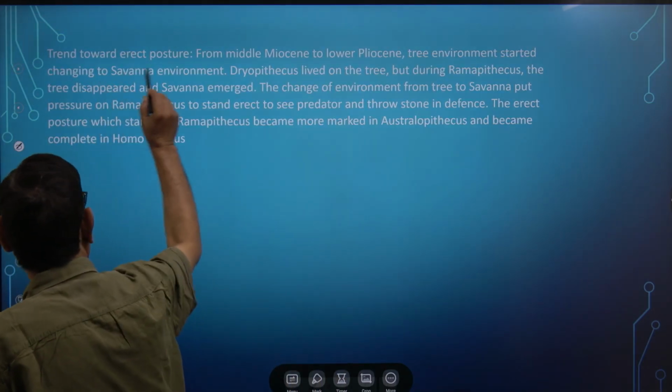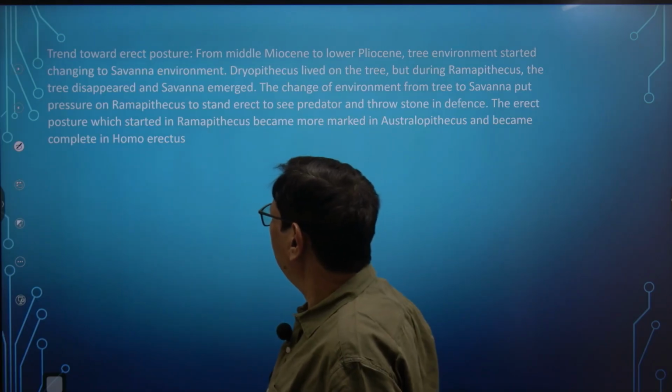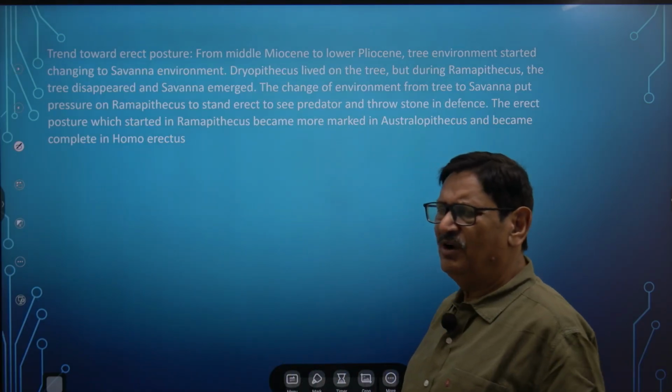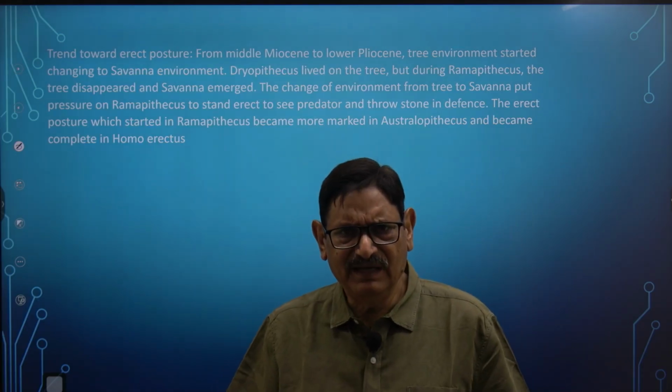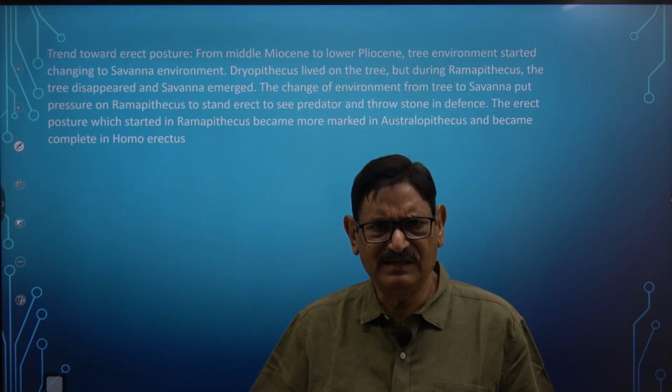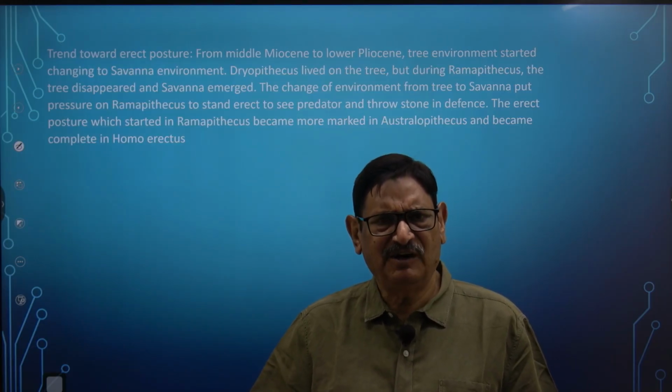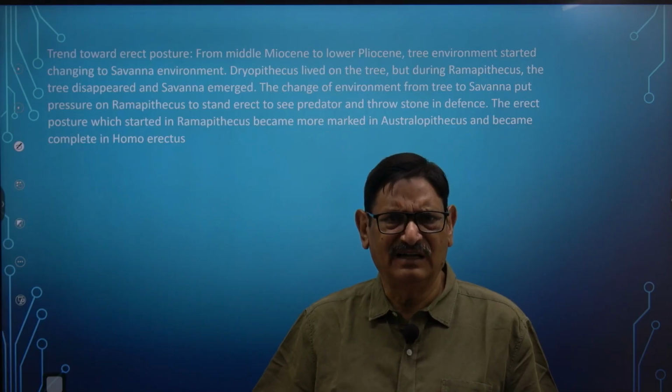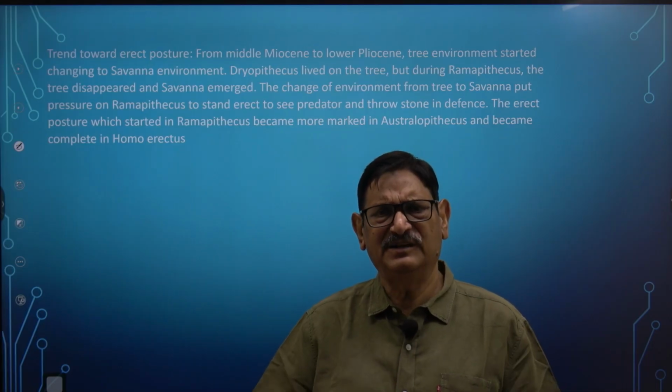This is the start of change toward erect posture. From middle and lower Pliocene, there was a change of environment. The tree environment gave way to the savanna environment, that is, a grass environment.